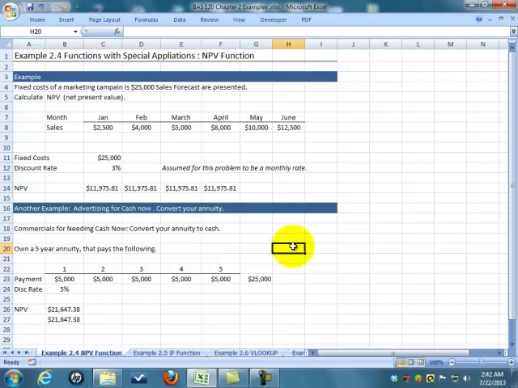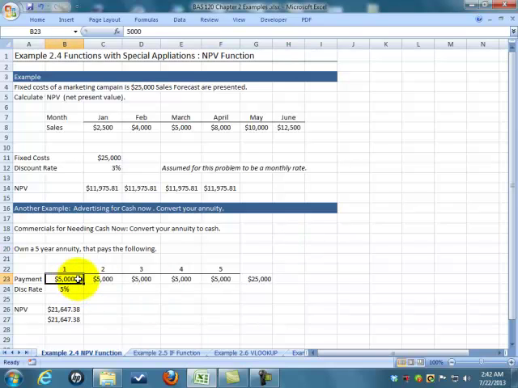Another example that isn't in the book but you see advertised lots of times is commercials that say we can give you cash now if you have a paid annuity. Well, an annuity is nothing more than a stream of cash flows. I might have pension payments where I'm getting monthly pension payments. And if I wanted that cash now, cash today, it's very easy for folks to convert those cash payments.